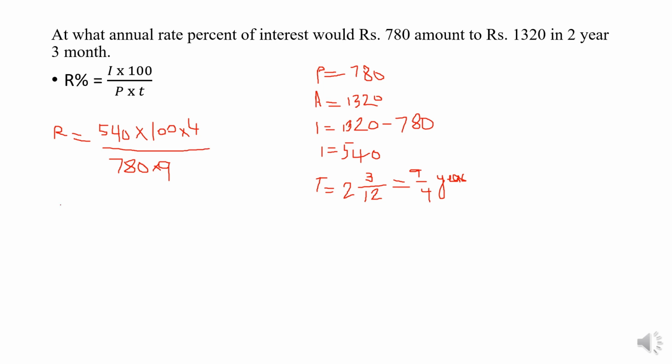So R equals, through a calculator we can easily find out the value, which is 400 divided by 13.